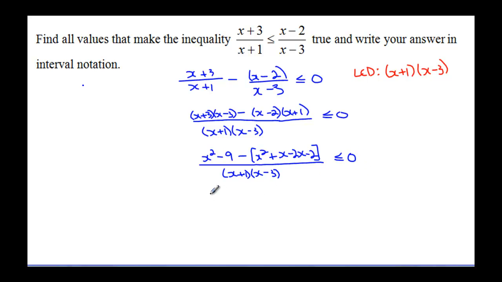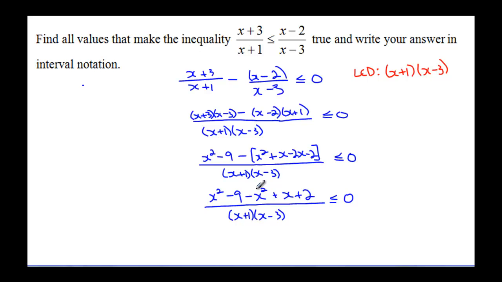Okay, let's continue to work out the numerator. If we get rid of the brackets and expand this, we get minus x squared, and now we have x minus 2x, which gives me negative 1x, but then there's a minus there, so that gives me plus x. And then minus 2 gives me plus 2, all over x plus 1 times x minus 3, is less than or equal to 0.